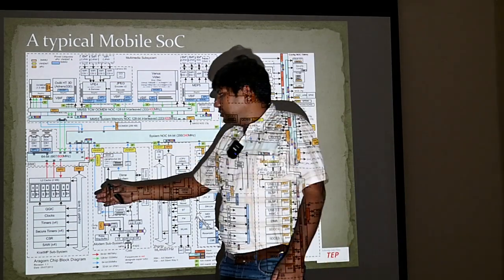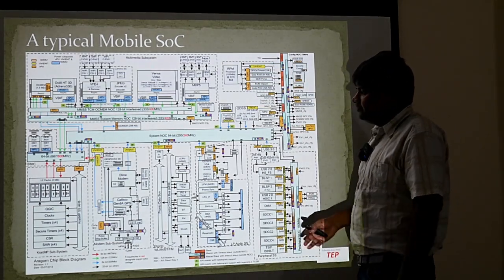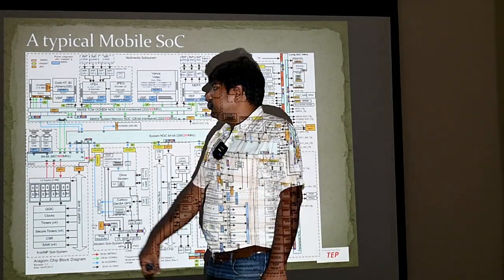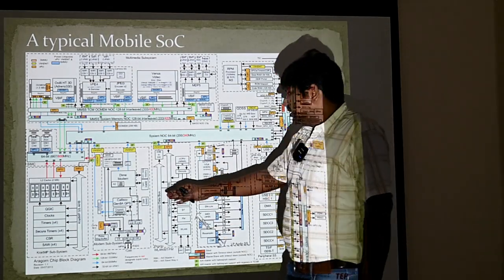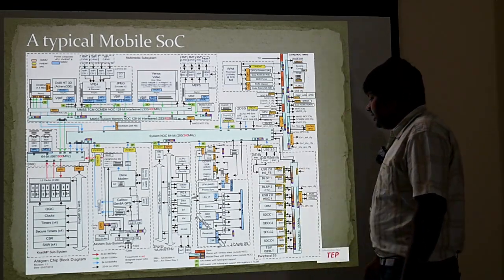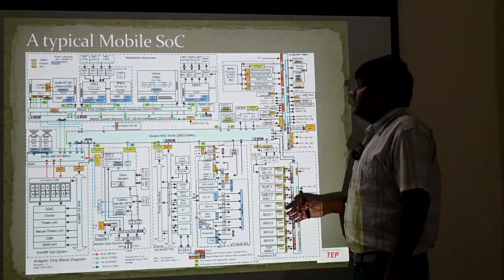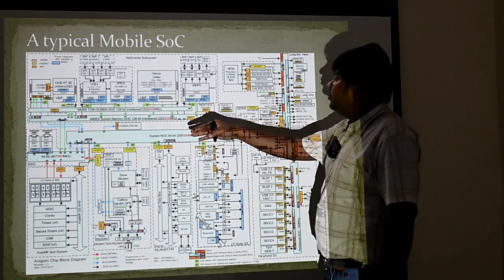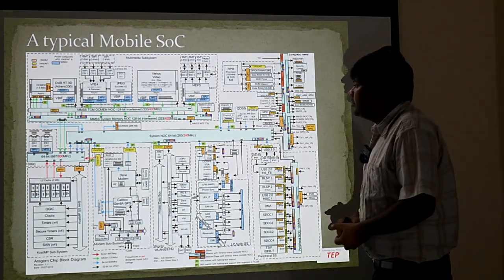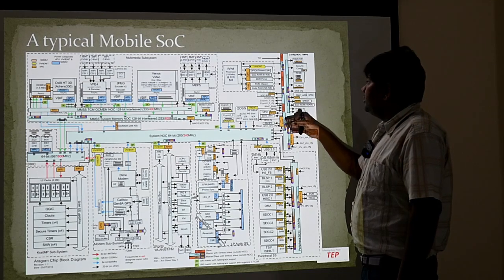There are multiple cores available for the processor, an entire processor subsystem, and DDR memory connectivity related controllers. There are GPS related controllers, processing units, wireless LAN connectivity, an audio subsystem, and the multimedia block I mentioned. There are multiple other memories in the system, and connectivity among them, because data needs to transfer to and fro for processing, along with multiple high speed and low speed peripherals, and some processors and cores for internal management.